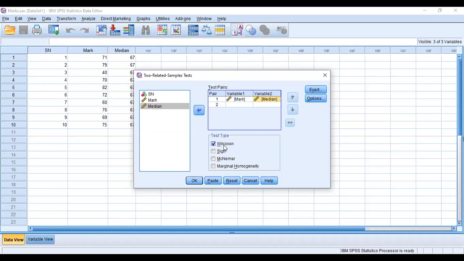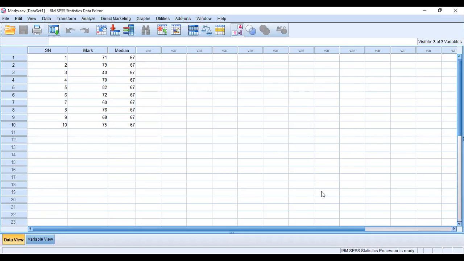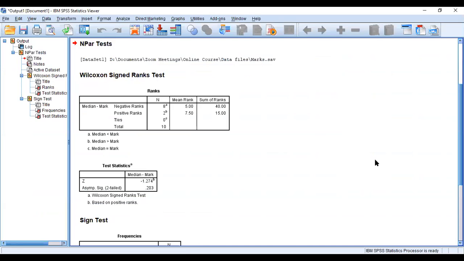So look at Wilcoxon. By default, that is the signed rank test. This is the sign test itself. So when you click, let me share the output here. Where is the output? Okay, look at the output here.